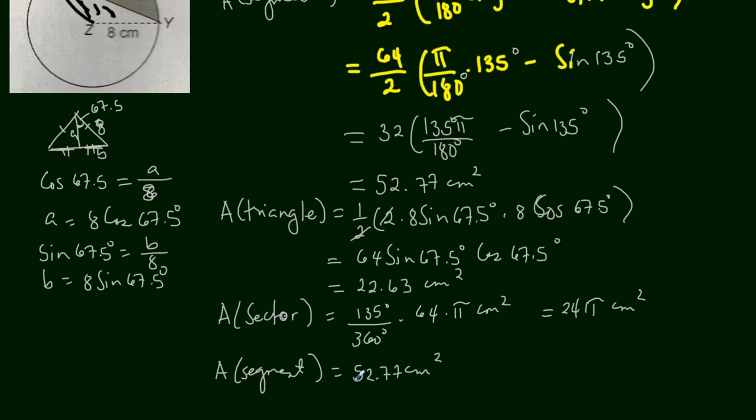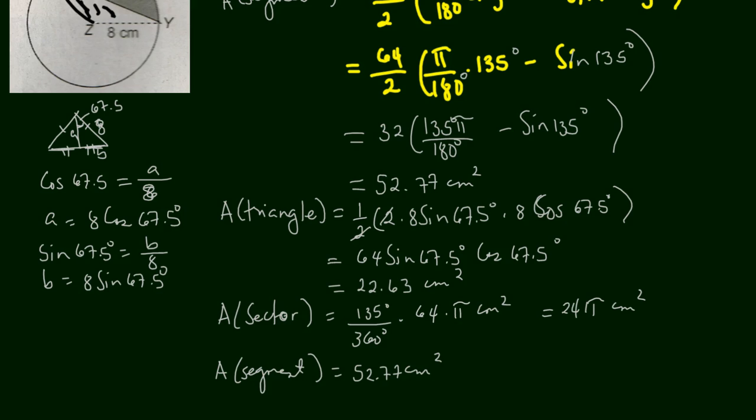But if you do it this way, you have 24 pi minus 64 sine 67.5 times cosine 67.5. Then you will get the same answer.